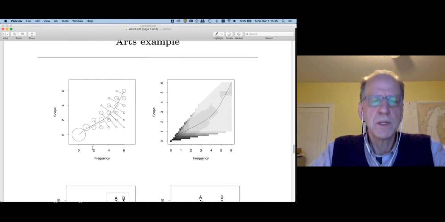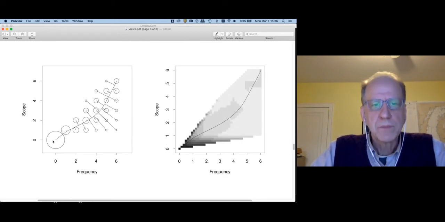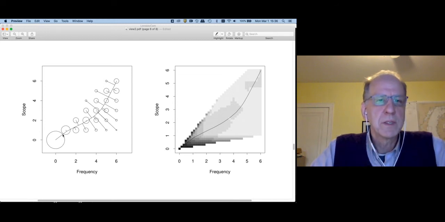And if we look on the next page, we can see a scatter plot across this sample from the National Endowment for the Arts. The diameters of these circles are proportional to the number of respondents who have that combination. So we immediately see a giant circle at 0, 0.